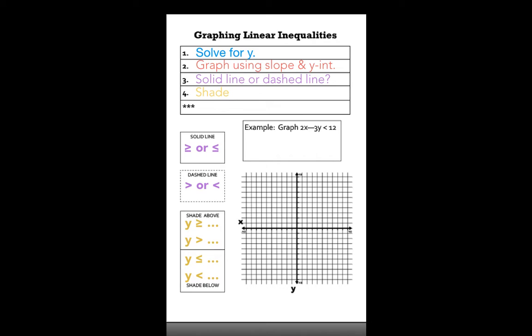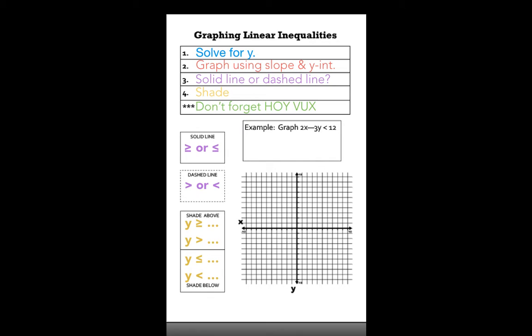So, something I want to remind you of is when you're working with those constant functions, like the horizontal line, you're always going to graph a horizontal line if it's y equals. And if you have a vertical line graphed, it's because your inequality was x greater than or equal to some value.